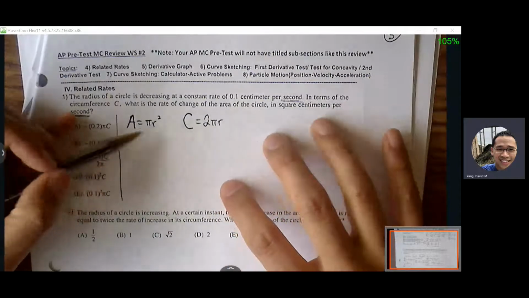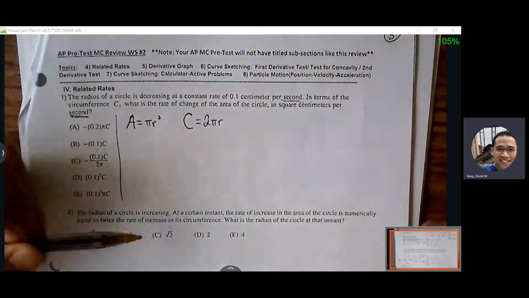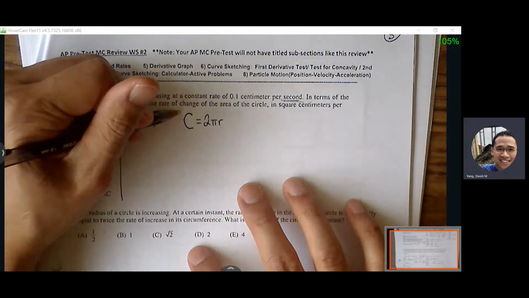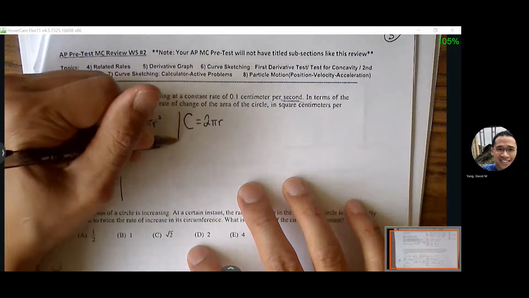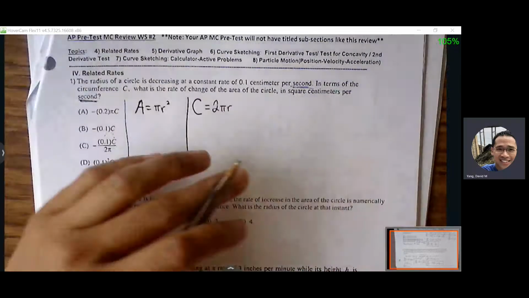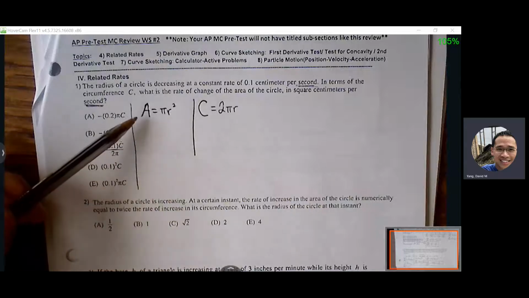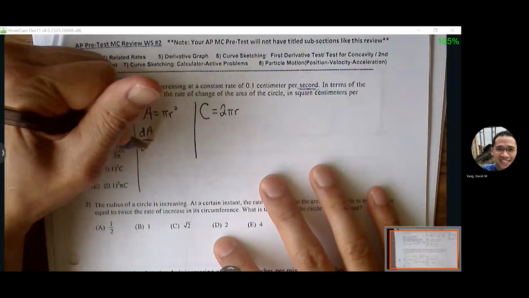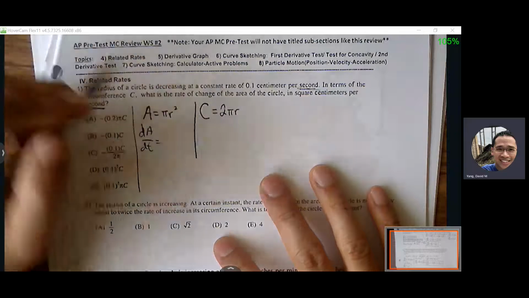Okay, let's find each of the derivatives. We know that we have dA/dt and dC/dt potentially involved. We may not need everything that we're finding, but better to have more than not enough. So let's find the derivative here. A becomes dA/dt.